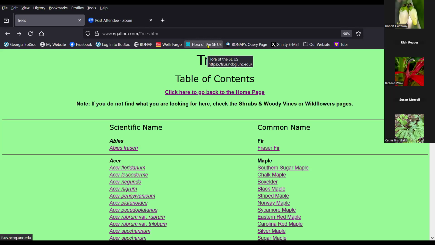You don't have to be connected to the internet to make it work, and it's got range maps, images, photographs, keys, synonymy, habitat and flowering time. It's got everything the description is supposed to have, except it doesn't have a full description yet.